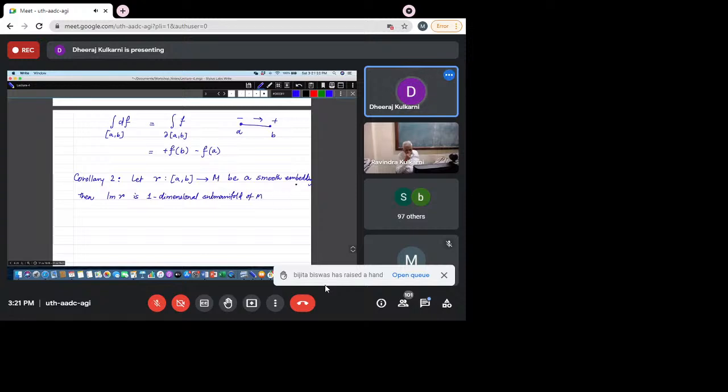and we can induce an orientation on this submanifold by simply transferring the orientation on this interval [a,b].